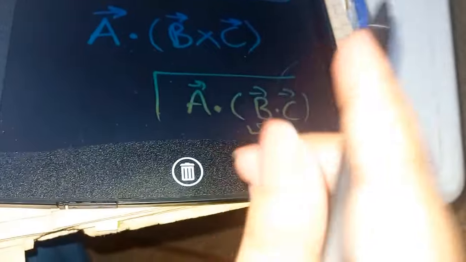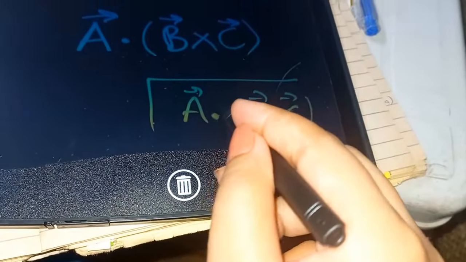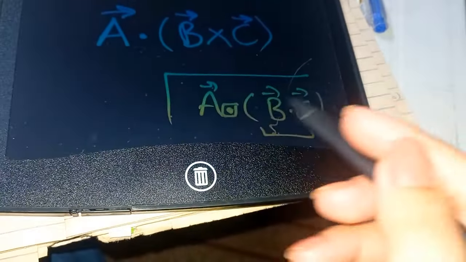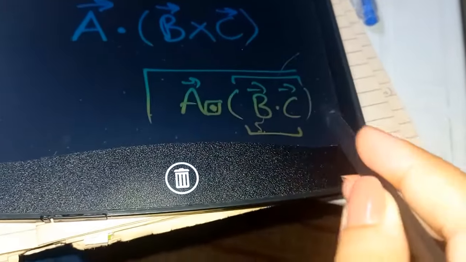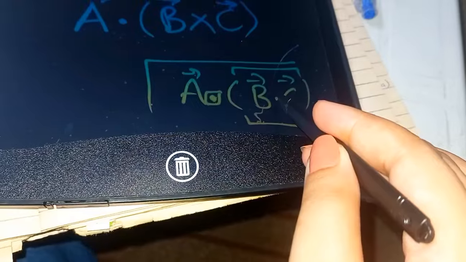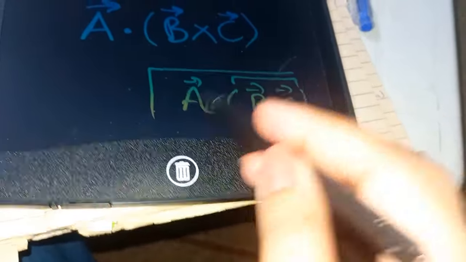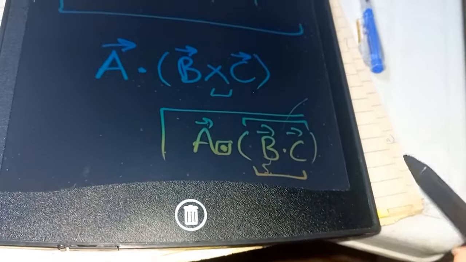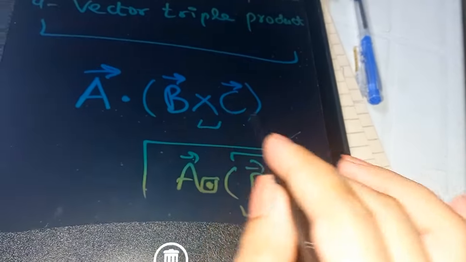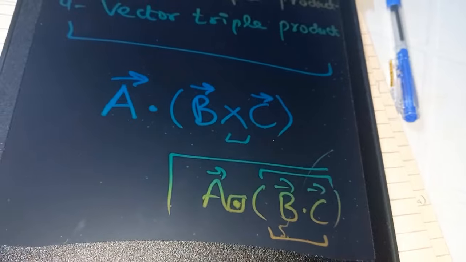There should be two vectors between which you apply the scalar or vector product. So there should be a vector right here, and for that purpose a dot is not allowed here. There has to be a cross product, so that B cross C results in a vector quantity.